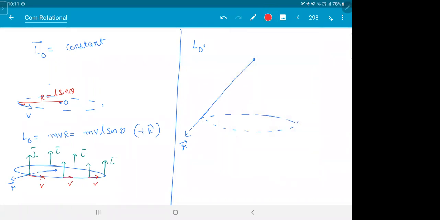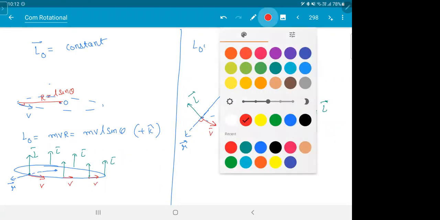This is your velocity bar. Can you see they're already perpendicular? There's no need to take any components. That R bar and V bar are already perpendicular. How is L bar then? L bar will be like this, out of the plane. So this would be L bar. This would be V bar.